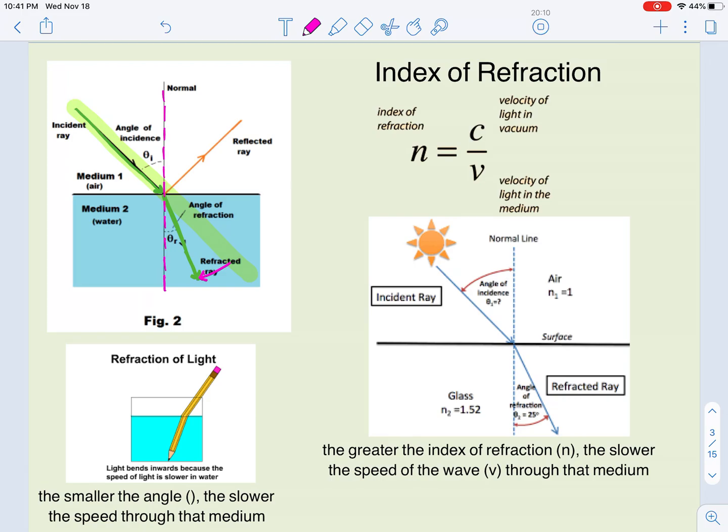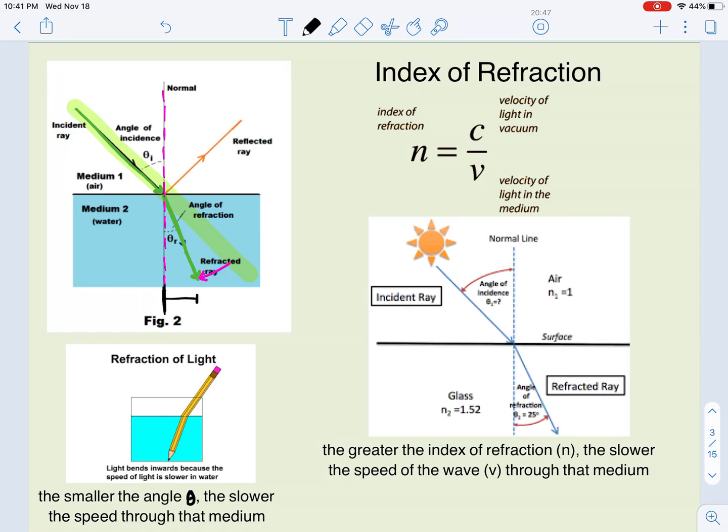Well, the line of the motion has moved so that it is now closer to the normal line than where it should have been. So we say that the light has bent towards the normal line. This is supposed to have the symbol theta for our angle. I guess it got lost in the transfer. So our angle theta is going to be smaller if our light is traveling slower through that medium.